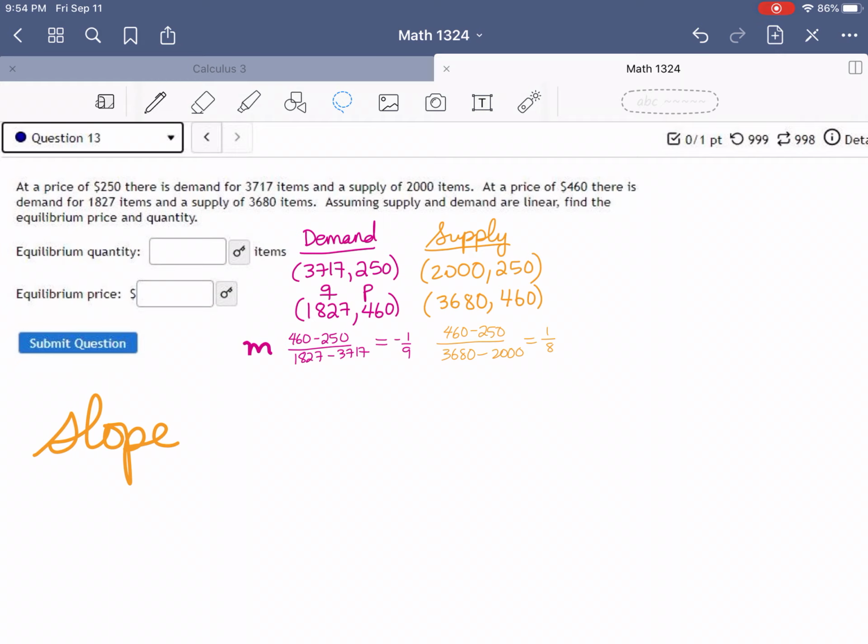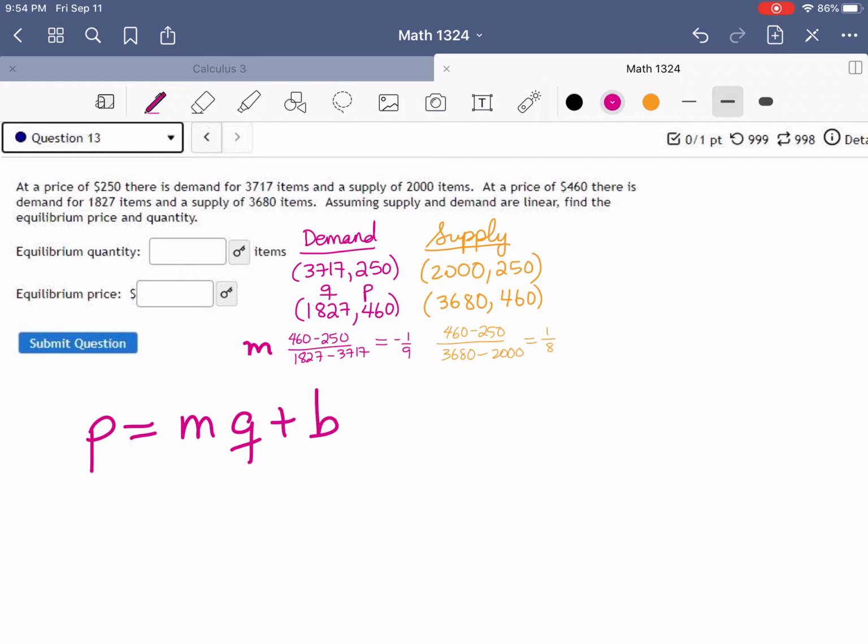Right, so we have slope and we have points, so we can put together the line for each of these. Since we're using Q's and P's, P equals MQ plus B, quite like Y equals MX plus B. But in this case, we know that M is negative 1/9, so we can put negative 1/9 for M times Q plus B. How do we solve for B?